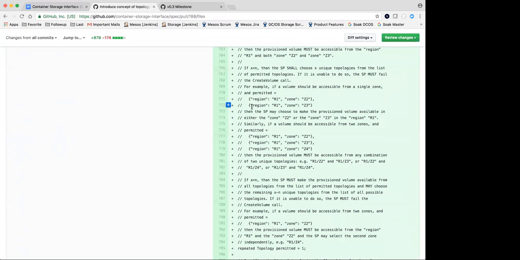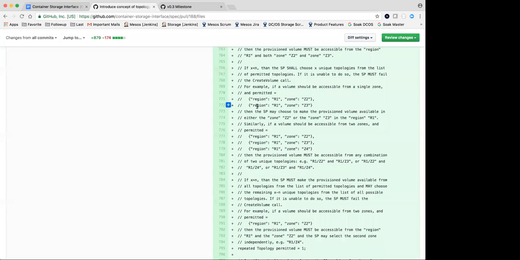Well, I think you can just provide the strings that represent that zone and that rack, right? The key doesn't matter. So how do you construct that string? How do you figure out what the keys and the values are? Well, the CO is not constructing that, right? I mean, the plugin advertises.